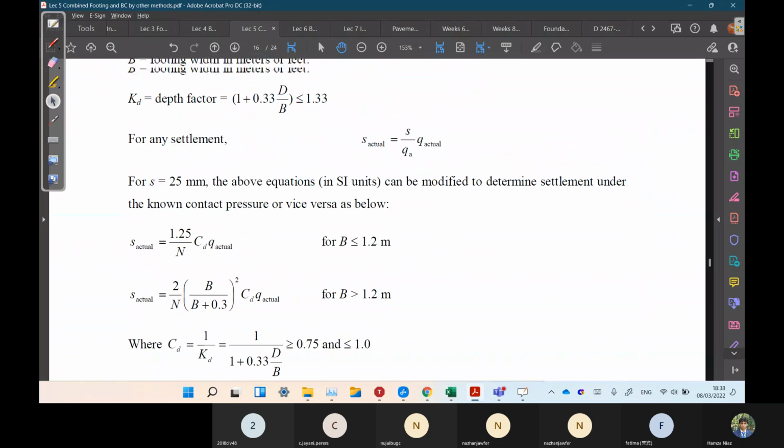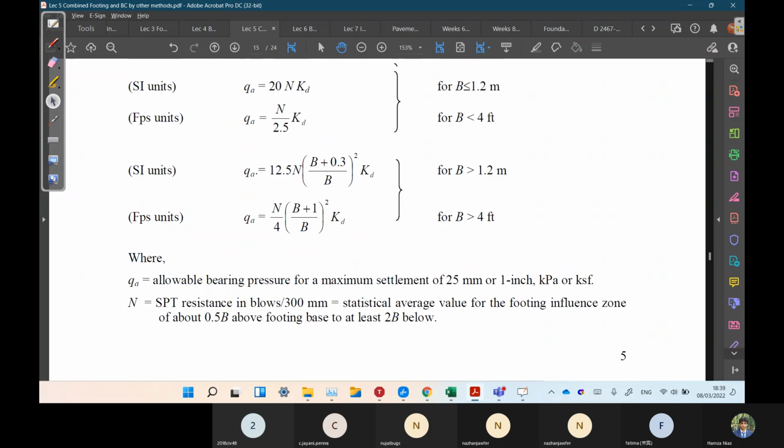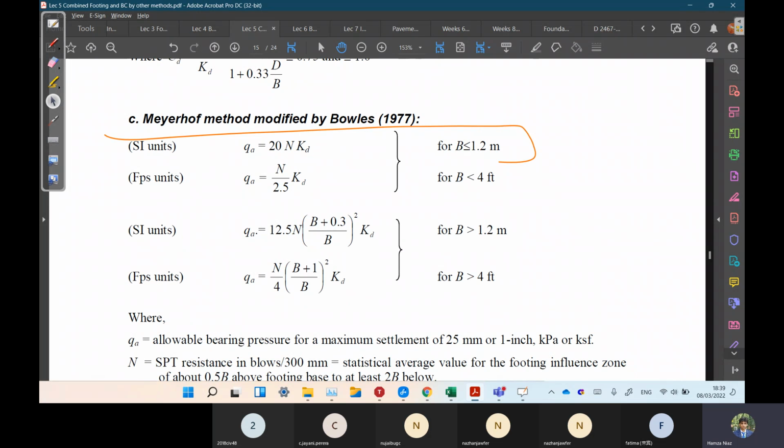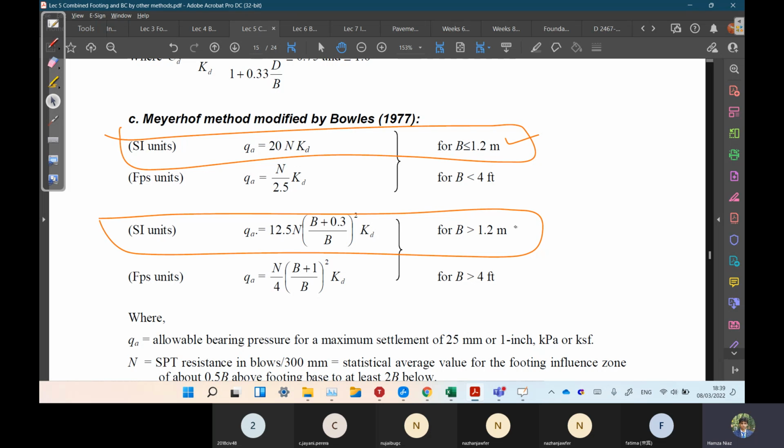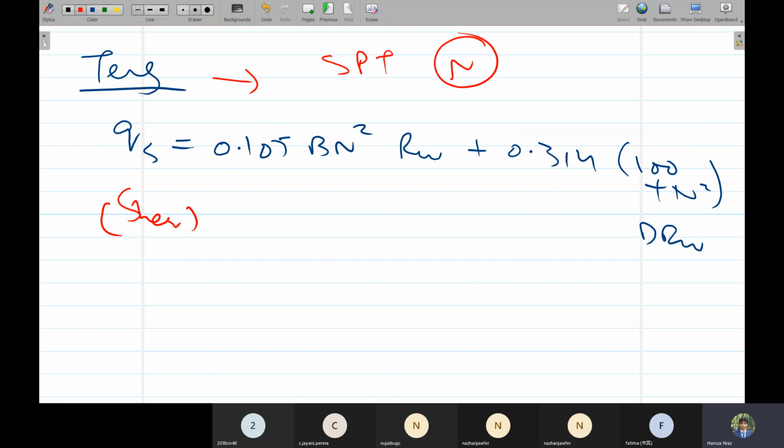And for settlement, we use these two equations. The first one was this, and the second one was this. This is for width less than 1.2 meters, and this is for width greater than 1.2 meters. So these are going to be used. The question can be asked like this: the SPT N value is given as 8, because the SPT value for 300 millimeter penetration is 8, and we have to design a footing for this value.